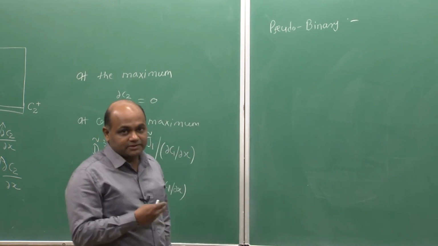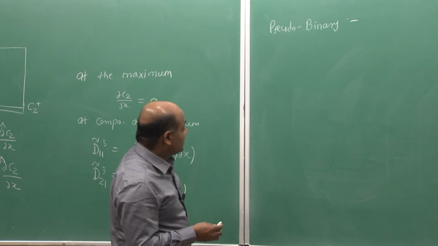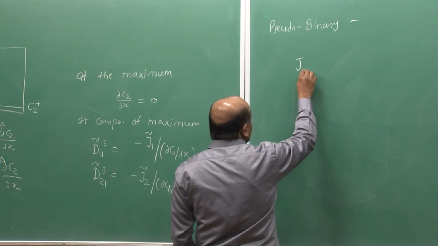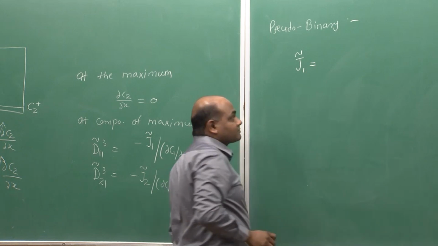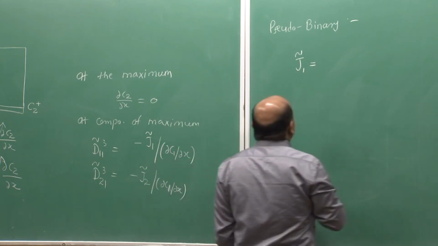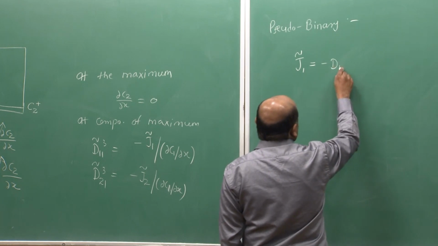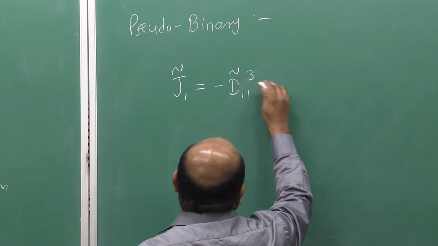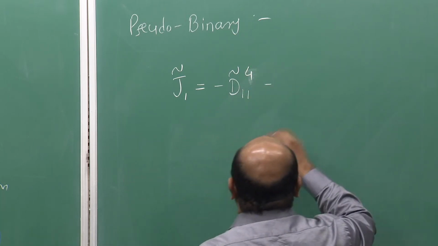So, how it helps? Let us say I write the equation for the independent fluxes. In quaternary, let us treat component 4 as dependent.